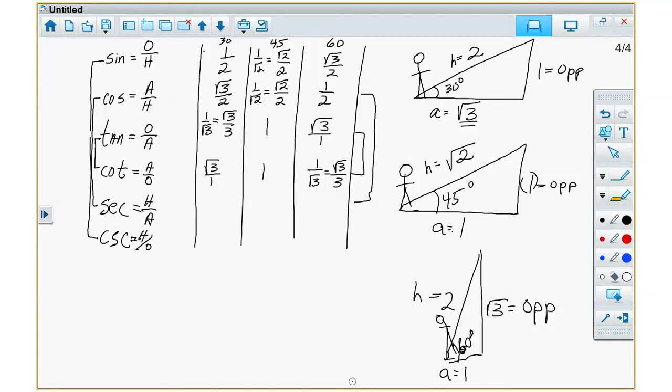Secant is going to be 2 over the square root of 3, which is equal to 2 times square root of 3 over 3. Then square root of 2 over 1, which is square root of 2.